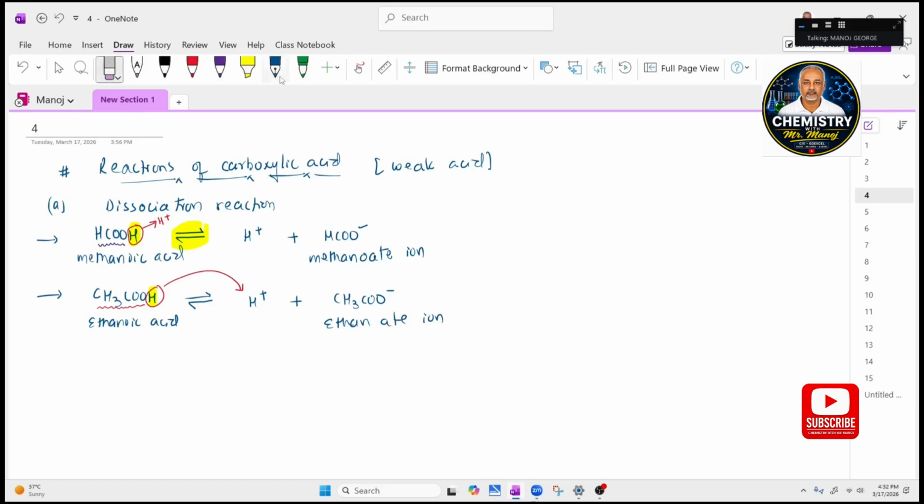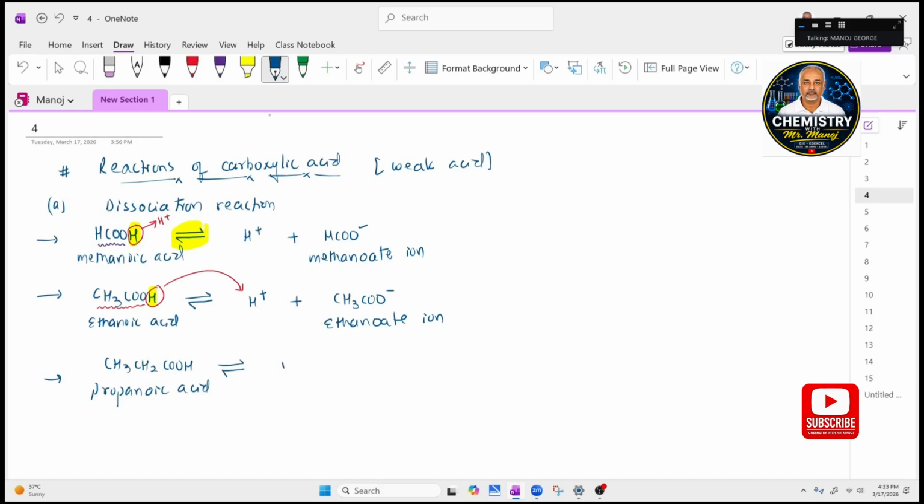Okay, so that's the dissociation of methanoic acid and ethanoic acid, and you could do propanoic acid by yourself now as a last example. Again, it's very important that you don't fumble on the formulas. Make sure that the formulas are perfectly written.